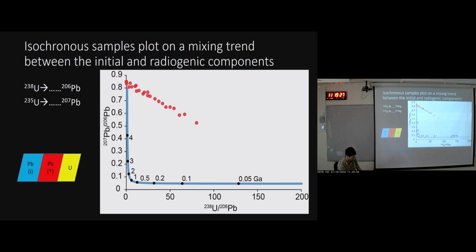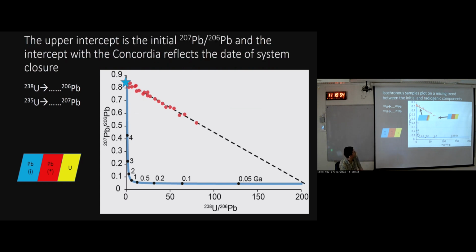It's pretty simple. The difference between a mineral that plots down here and up here is how much uranium, or what was the original uranium to lead ratio in these minerals. So minerals that had a lot of uranium compared to lead will plot down here, and minerals that have more lead and less uranium will plot up here. Right? This is the mineral that has only lead in it.